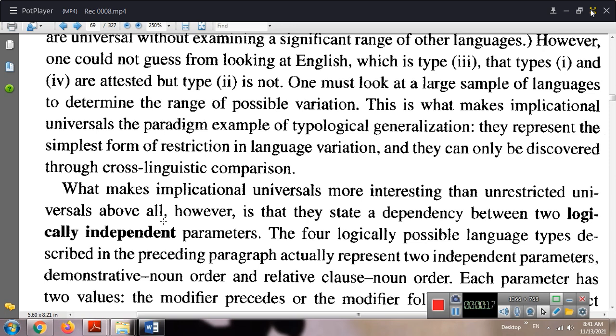We discussed many differences between these two types, but as a whole, unrestricted universals are those linguistic features which exist in all human languages, but implicational universals work this way: if in a language the feature A exists, certainly the feature B will exist in that language. That is the meaning of implicational universals. I mean, the existence of a feature depends on the existence of another feature.